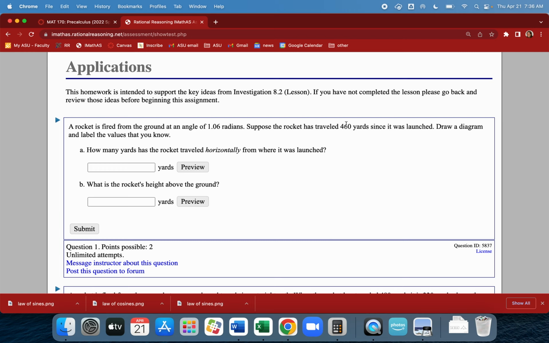When it mentions that the rocket has traveled so many yards, the distance the rocket travels diagonally up into the air is the length of this segment, 460 in my case. I've seen others with 400 and something, 300 and something.